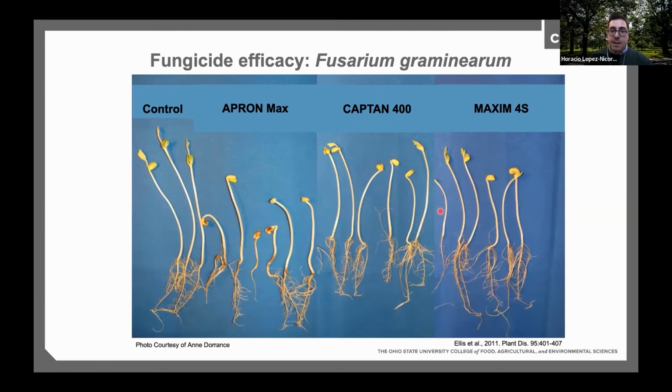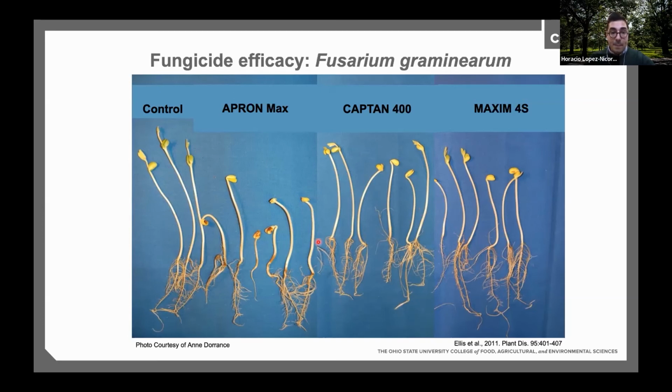And then I have here some where we actually put the pathogen and infest these seedlings, but also treat them with a fungicide for true fungi, in this case Captan and Maxim. And we can see how that actually takes really good care of our seedlings, where we do not see any difference compared to the control.